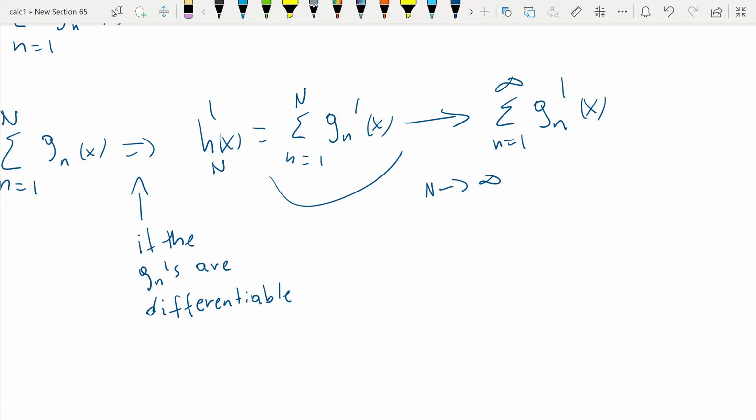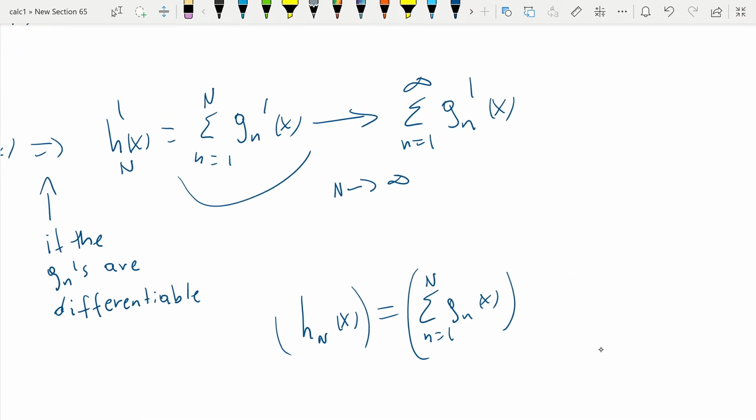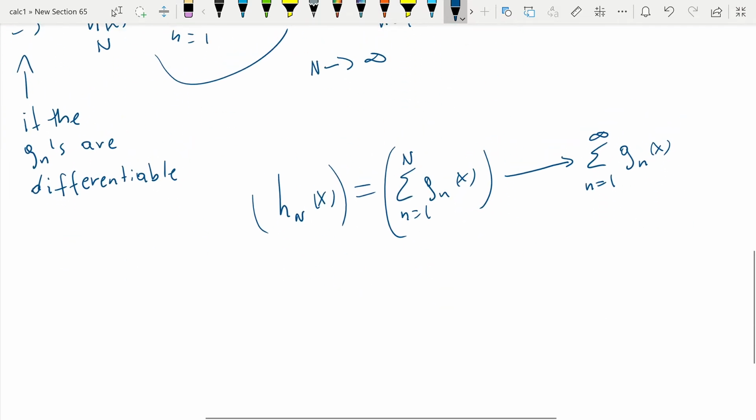But of course, this requires you to also talk about the derivative of this function here, which is defined as the sum. You know that in the limit, provided the limit exists, this goes by definition to the infinite series here, the sum of the gn's of x.